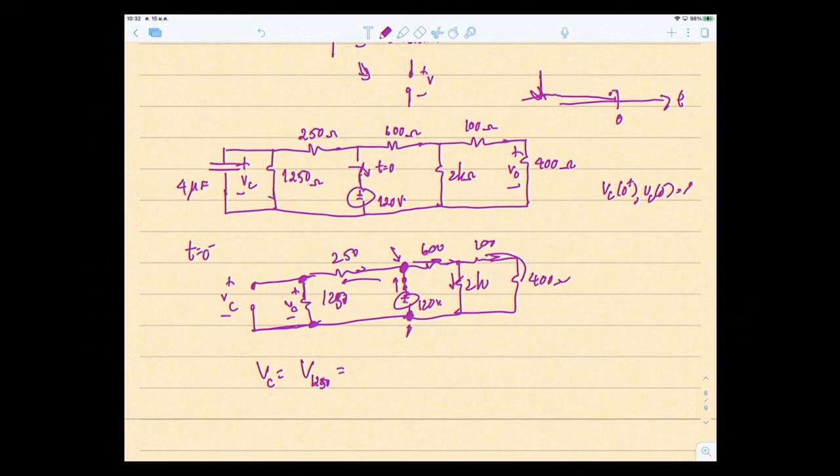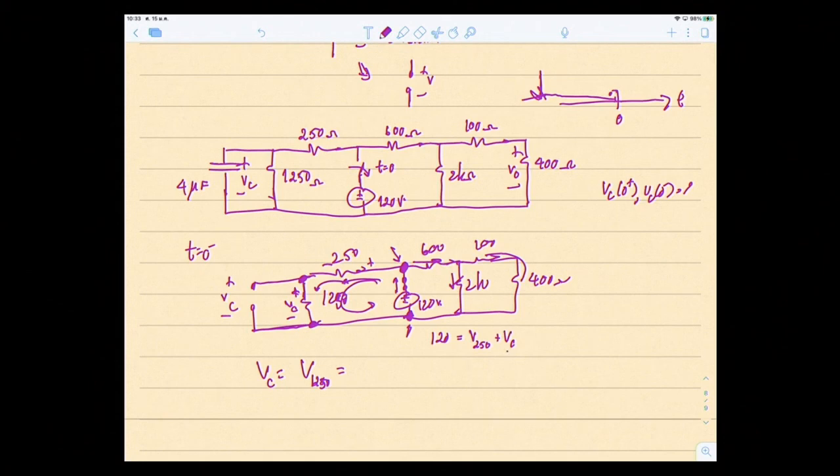And if the current goes like this, there's a plus minus like this. Current goes like this, so we can write KVL in this loop: 120 is equal to the voltage across 250 ohms plus VC.